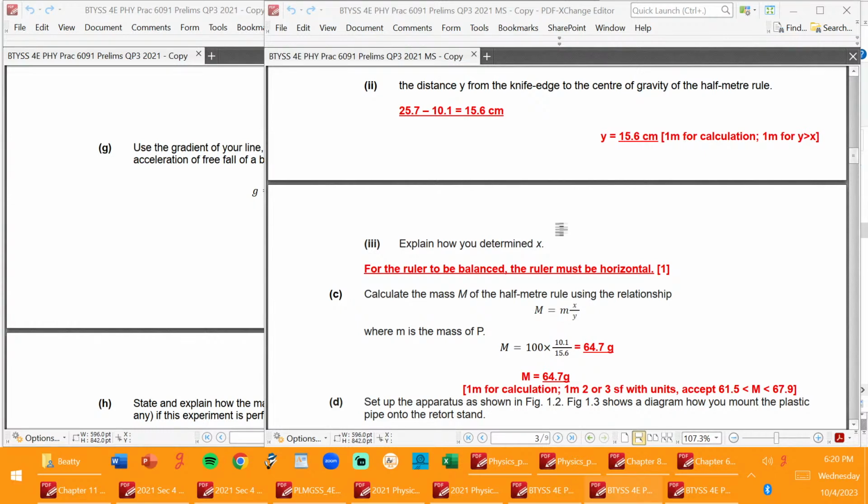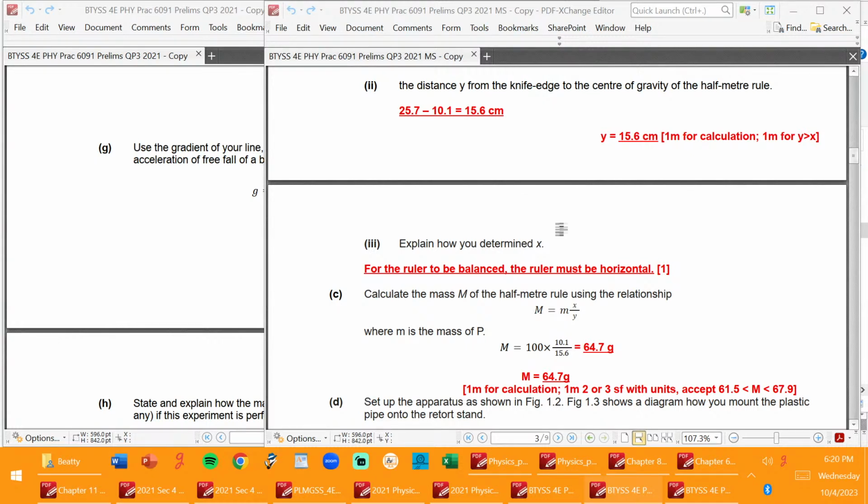Mine didn't make sense. That is the uncertainty thing, right? This is the answer key. If you don't pass through 0, 0, then your first mark is gone.